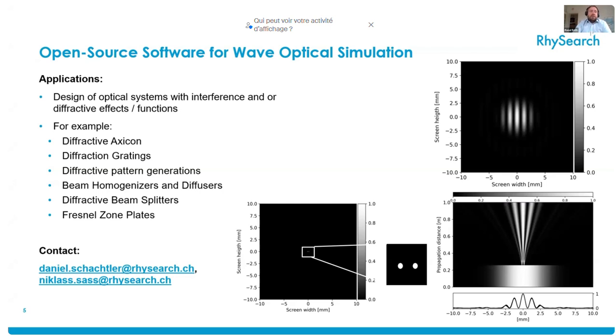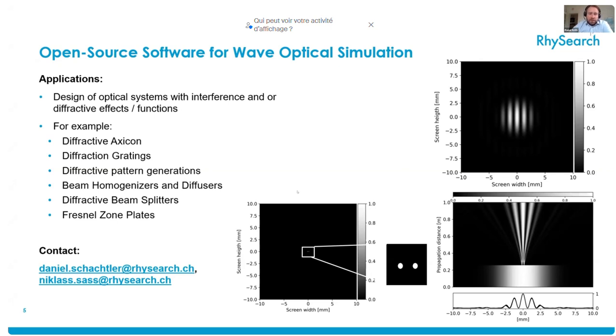So this is why we need the wave propagation simulation. For typical applications, maybe diffractive elements, can be an axicon, can be some gratings to have some filter effects for given wavelengths, can be diffractive pattern generations, and so on.